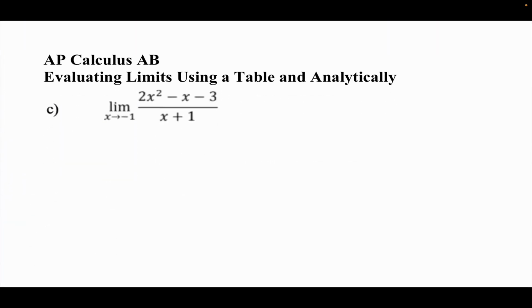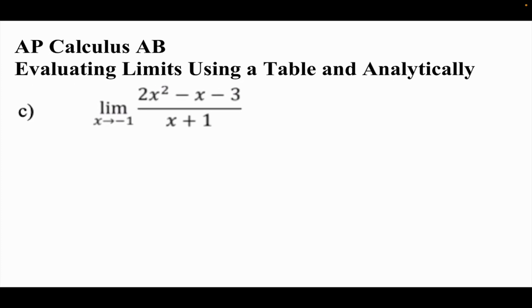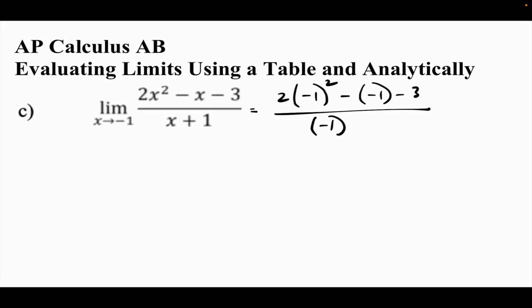Okay, so let's look at the next page, page 3. The limit as x approaches -1 for the function here. First thing, plug it in. Plug in -1 and see what happens. So 2 times -1 squared minus -1 minus 3, over -1 plus 1.